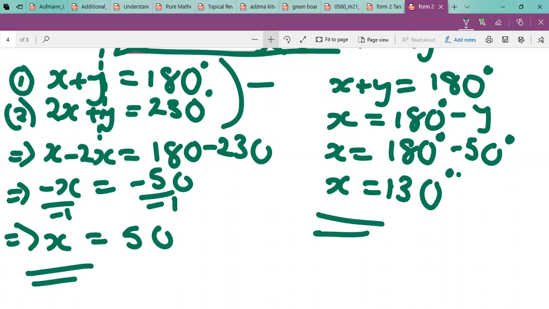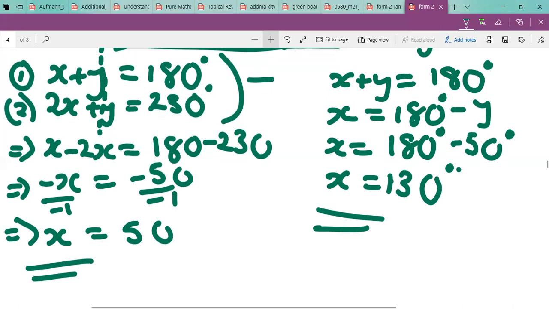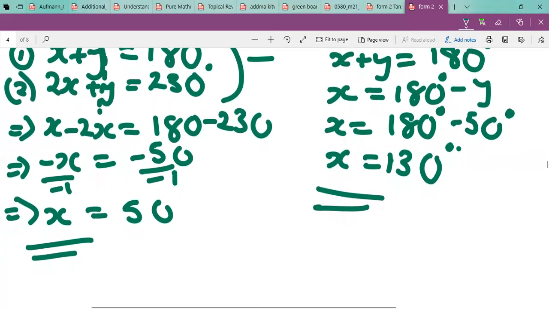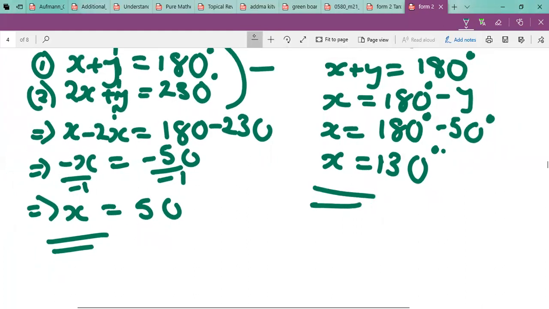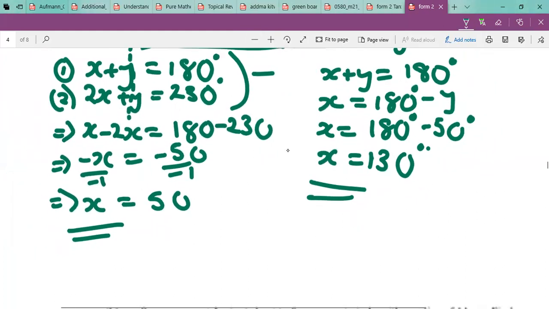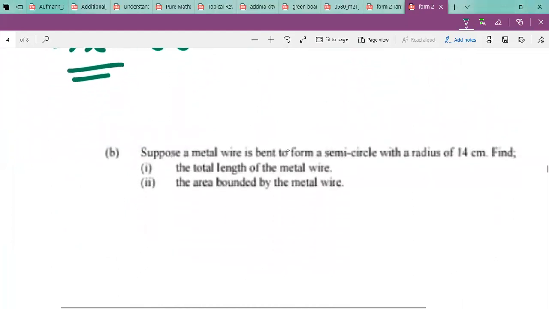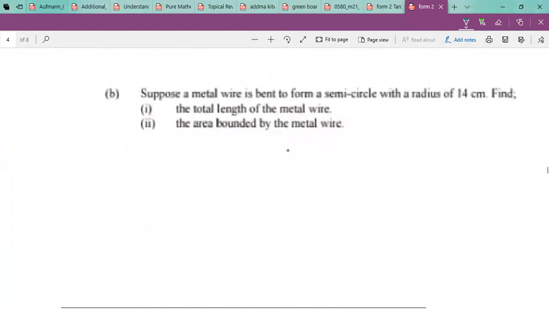So this is question 4. We go to question 4b. That was A. We go to question 4b now. We are saying, suppose a metal wire is bent to form a semicircle with a radius of 14.